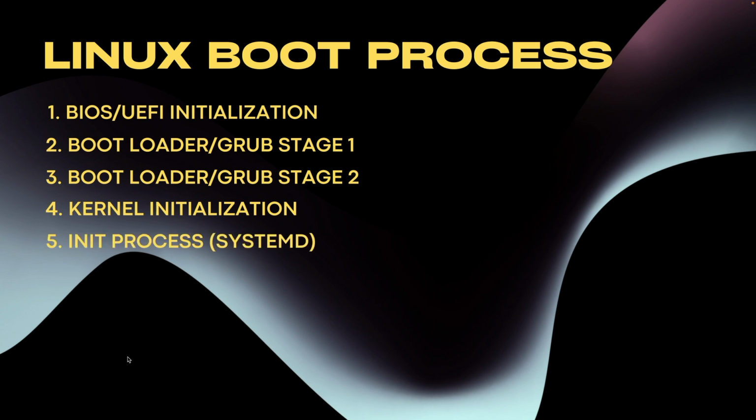And the fifth process is the init process, also called systemd or system daemon. After the kernel initialization, the init process is executed. In modern Linux distributions such as Ubuntu, Fedora and Debian, systemd is the default init system. Systemd initializes the user space, starts essential system services and manages system processes.